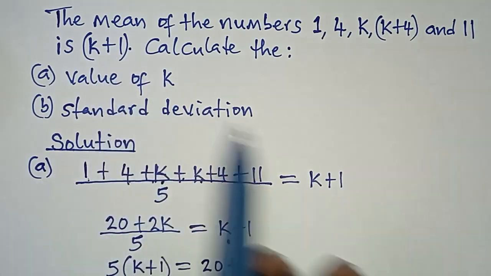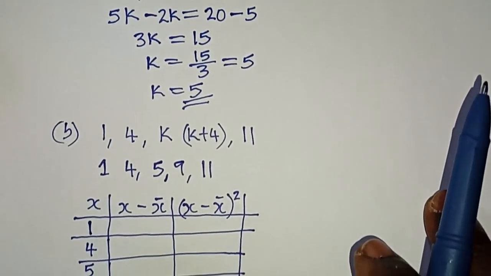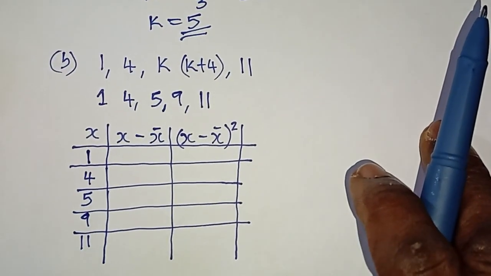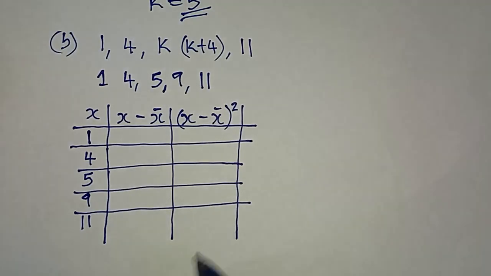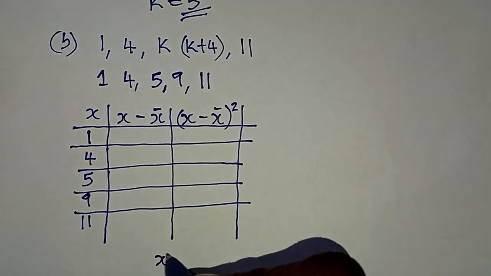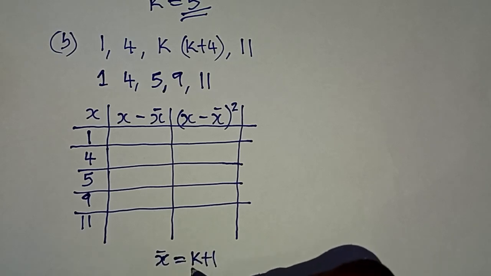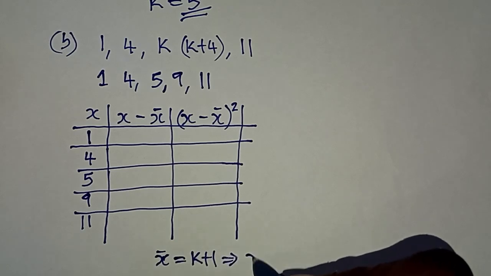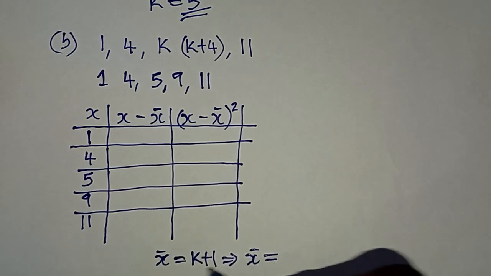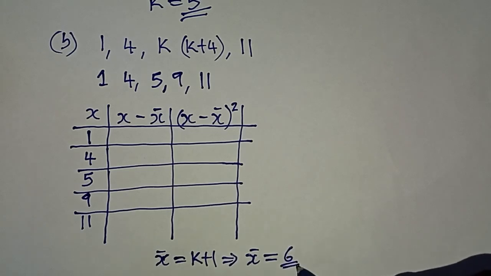So if we come back to this table that we have created, we should be able to write under the table that our mean, which is represented with this symbol, is equal to k plus 1. And our k we know is 5. So that gives us our mean as k, which is 5, plus 1, so 6. So the mean is 6 now.